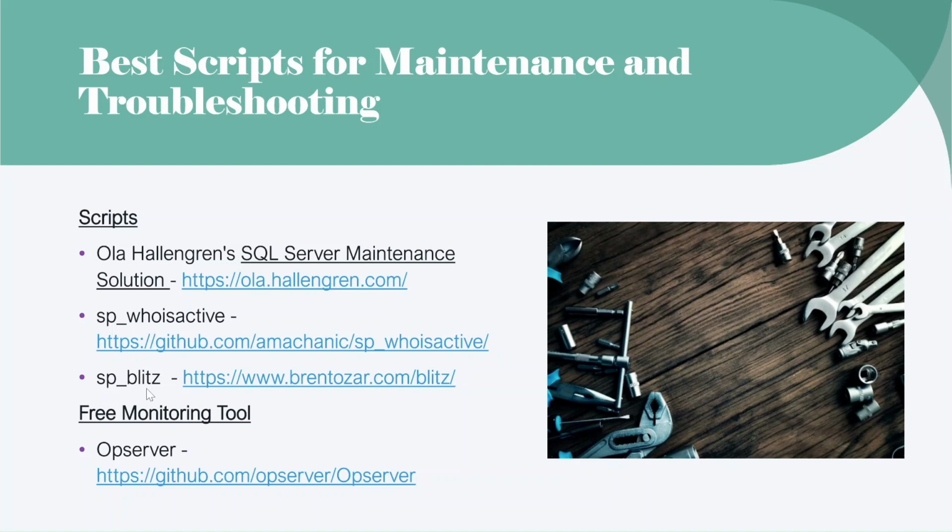As I mentioned, there's a bunch of different ones inside of there, but sp_Blitz is the most popular, and it's kind of the prefix for all of the sub, I guess, stored procedures that he has, like cache and index and so on. And then we've got our free monitoring tool, Observer. All these are free, and you might want to use those until you can afford something like SolarWinds or whatever else is out there.